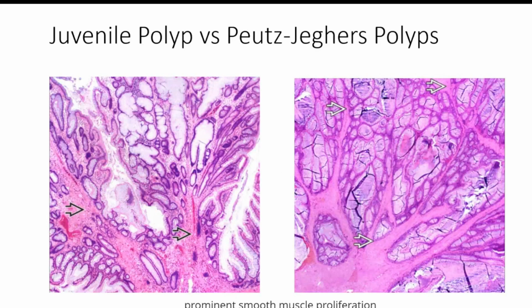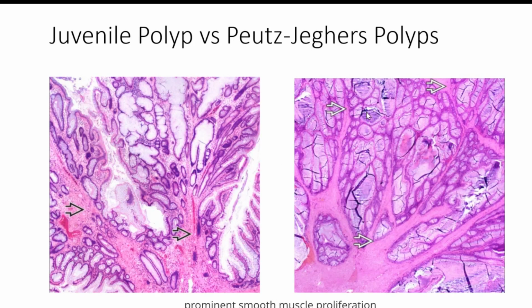Then we have Peutz-Jeghers polyps. From the right side, this is the Peutz-Jeghers polyp. As I mentioned, in this power, juvenile polyps and Peutz-Jeghers polyps look quite similar because both of them have prominent smooth muscle proliferation into the polyps.